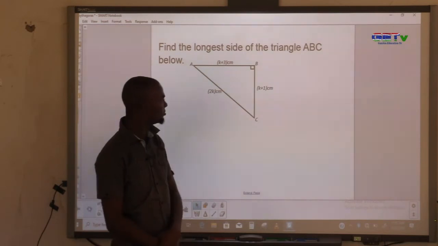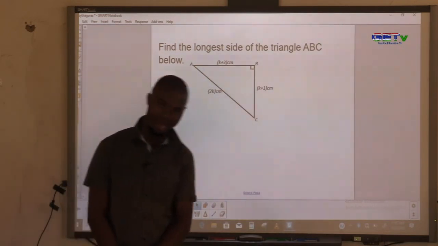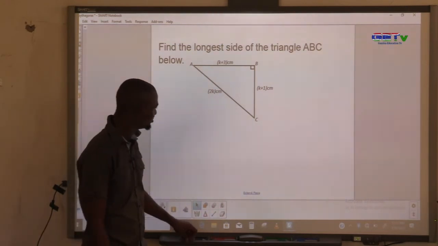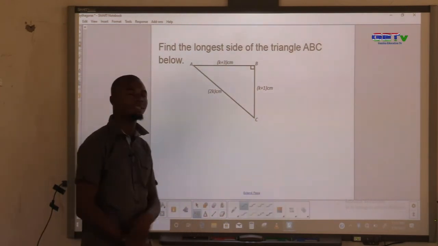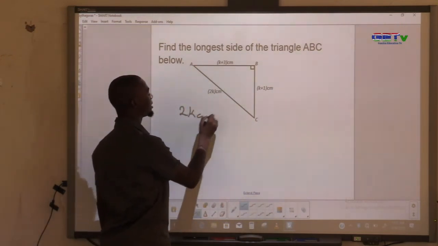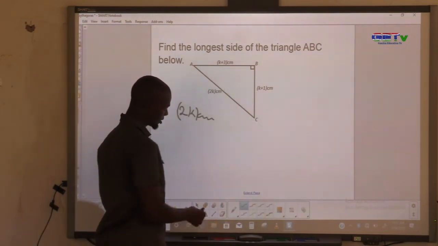You can see the mark, and the other two sides are there. We have it in the form of 2k centimeter. The longest side is 2k centimeter.